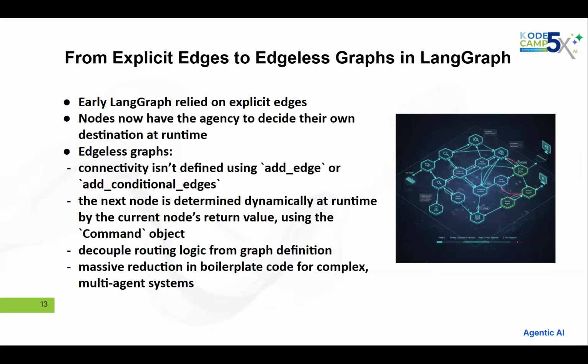Whatever your node outputs with the command object forms an edge, so long as the output of the command object corresponds to a node that actually exists in your graph. So modifying your graph is more dynamic with edgeless graphs, and they reduce boilerplate code, especially in complex and multi-agent systems.